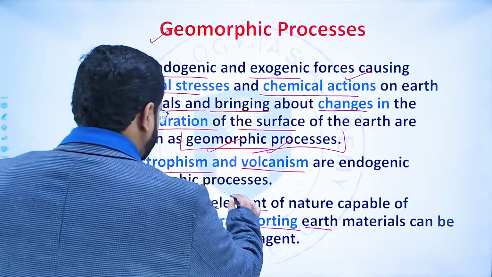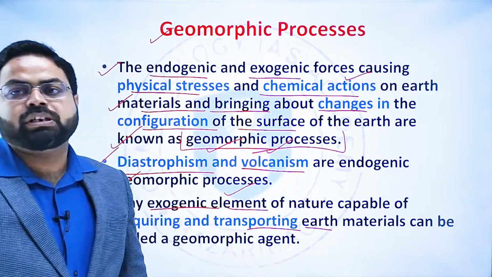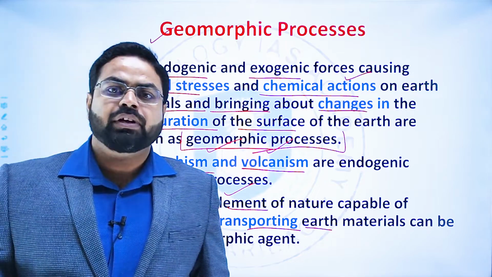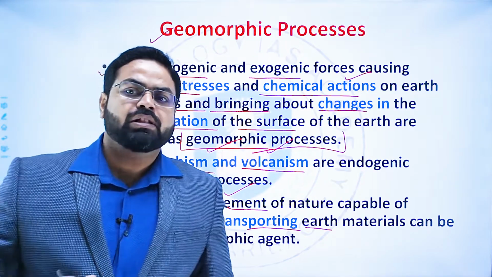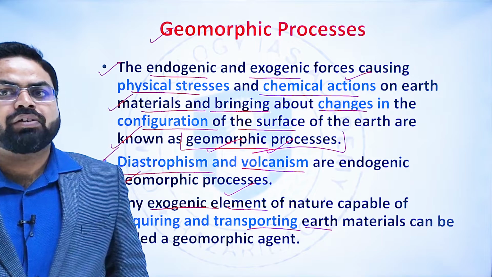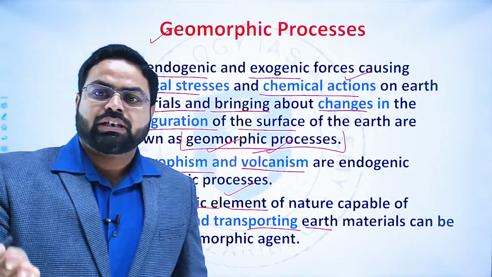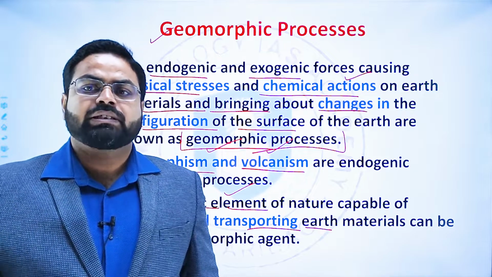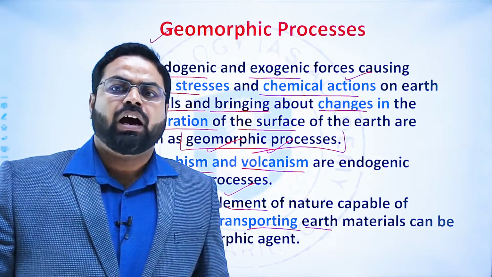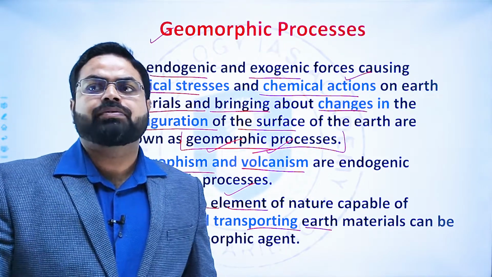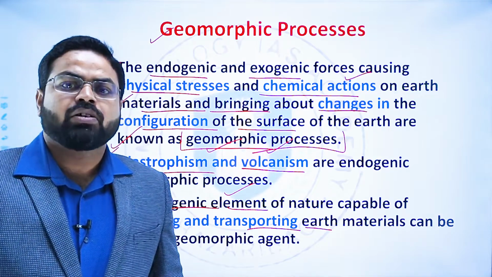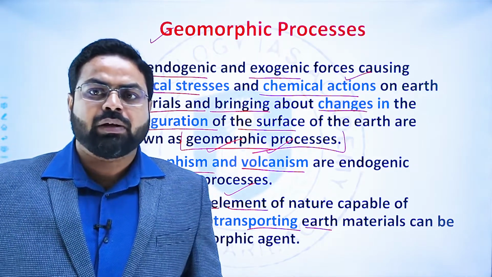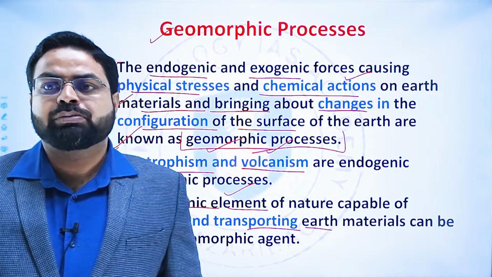So the exogenic elements which are capable of acquiring and transporting the surface material of the earth are such as wind, flowing water, moving mass of ice sheet, etc. These things are capable of bringing about various changes in the configuration of the landscape due to their own movement.